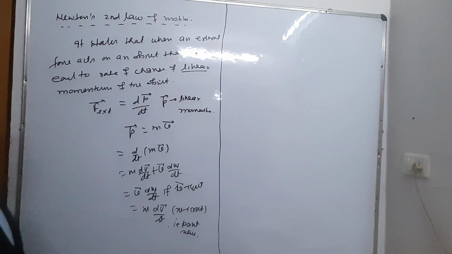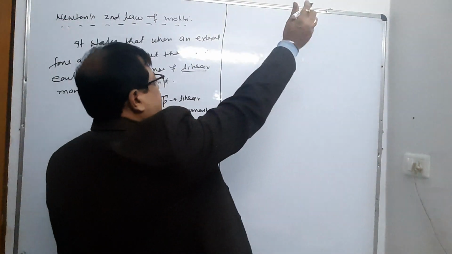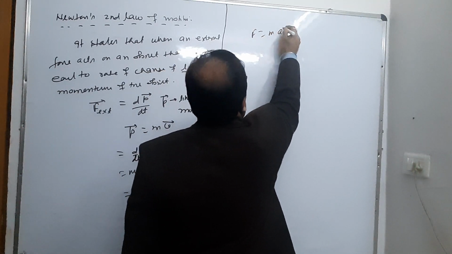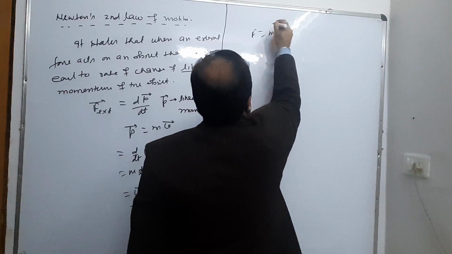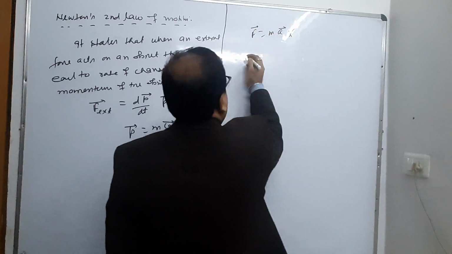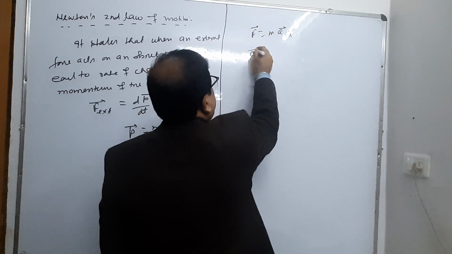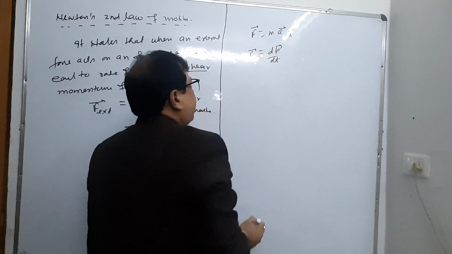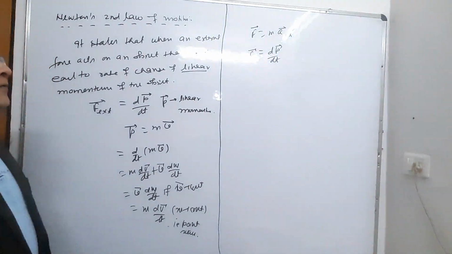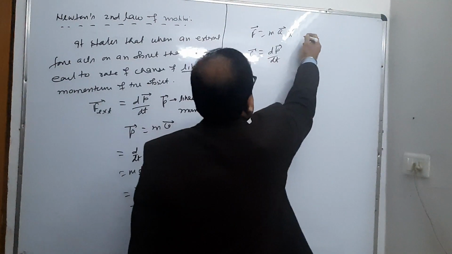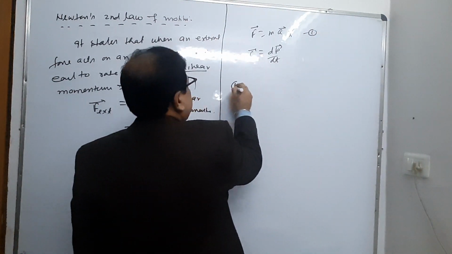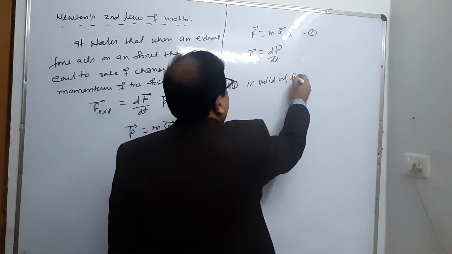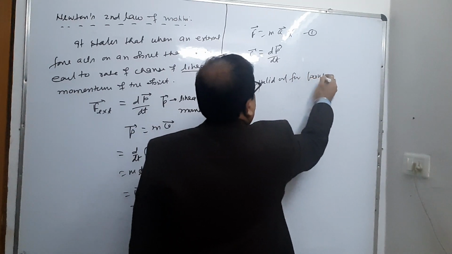See, so many people are writing F is equal to ma. This is wrong. If you want to write, F is equal to dp by dt. F is equal to ma is valid only for a point mass.